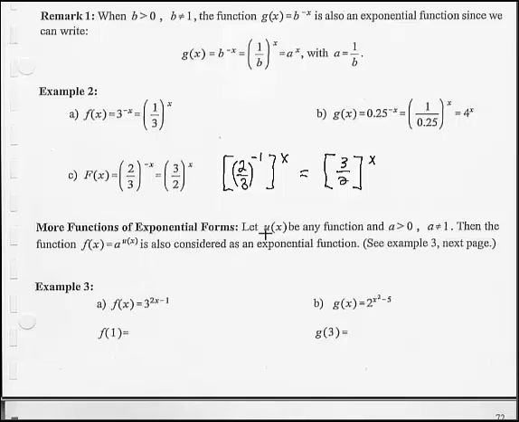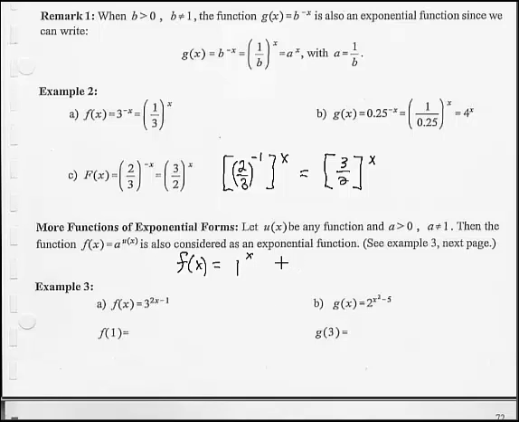However, u of x still has to be a function itself. A has to be positive, and we do not want a to equal 1. If we did have a equal 1, suppose we had f of x equals 1 to the x power. Well, no matter what we put in here for x, we'll always get 1.